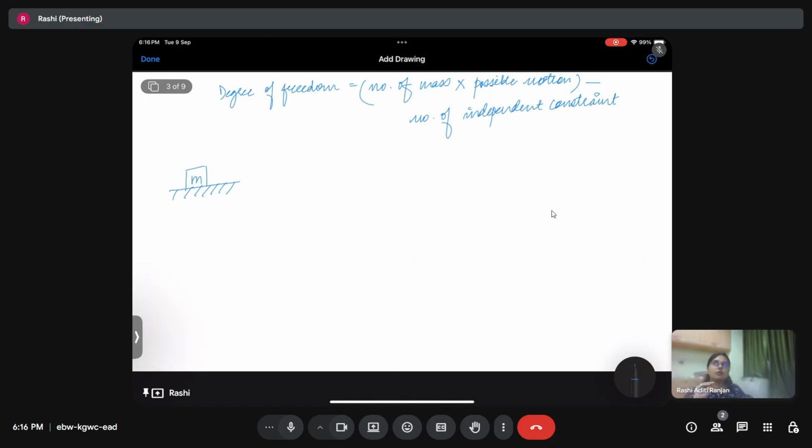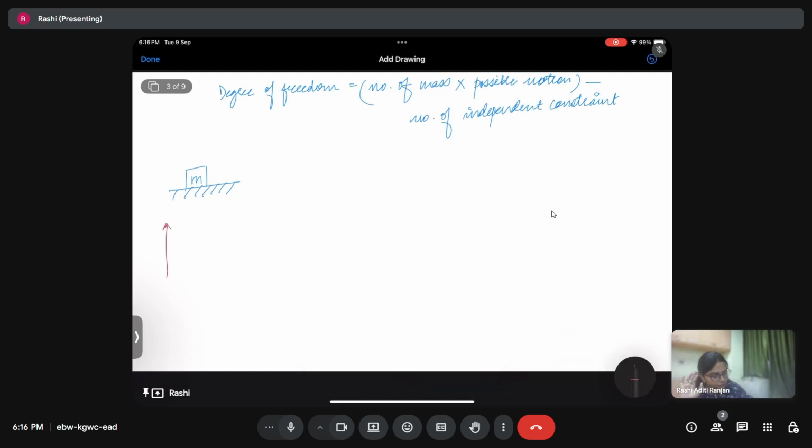But if I think physically, a mass in space, how many degrees of freedom can it have? In the three-dimensional system in which we live, a mass can have 6 degrees of freedom, which are the translation motion along the three axes and the rotation along the three axes, right?